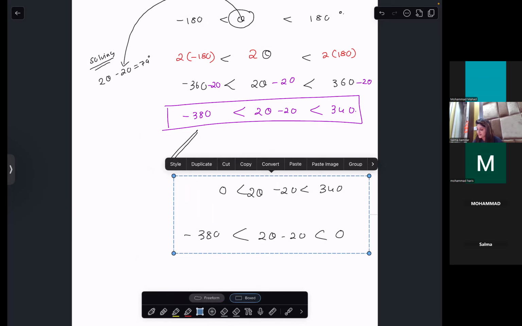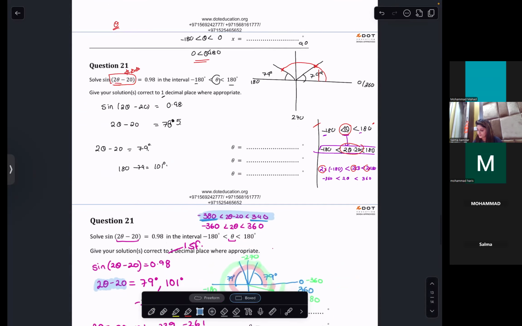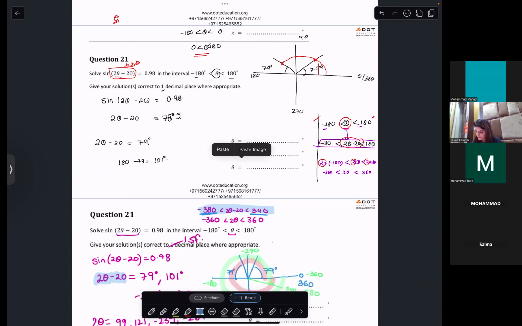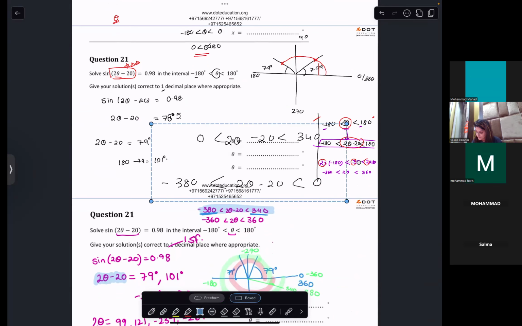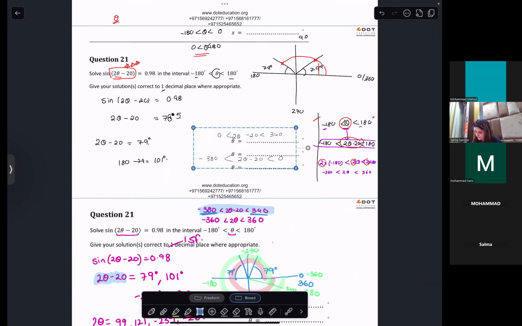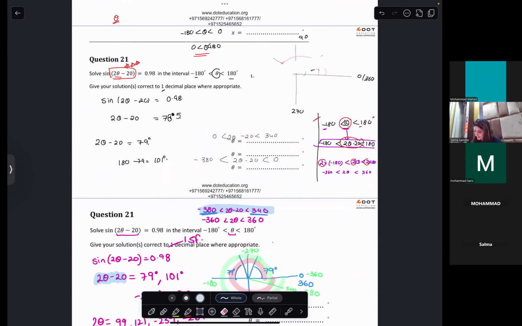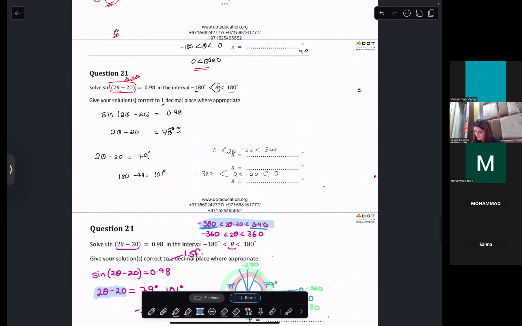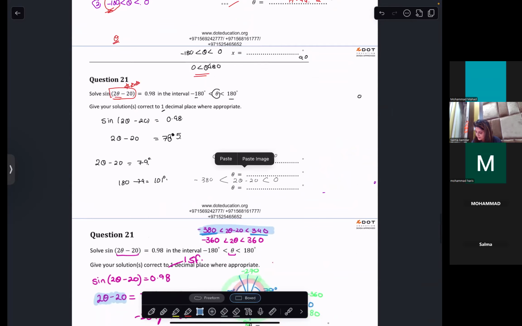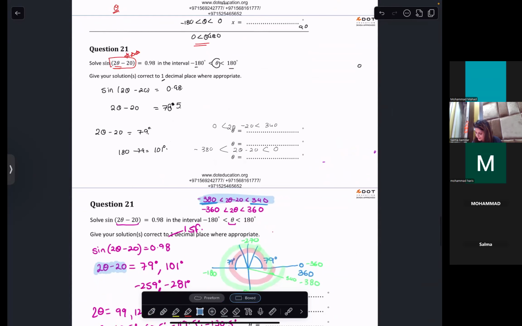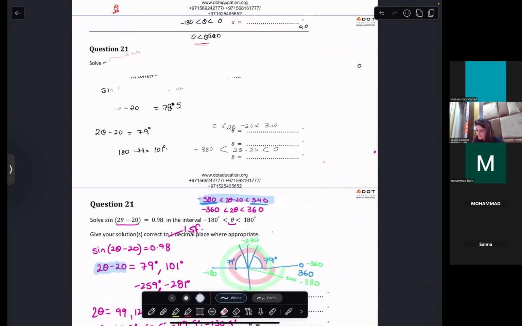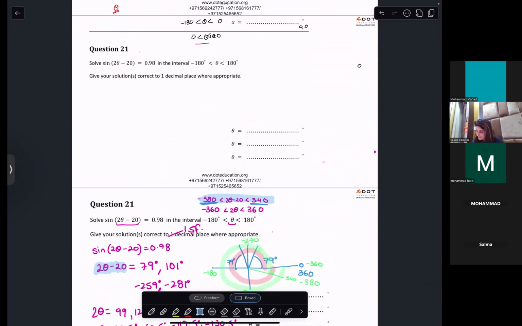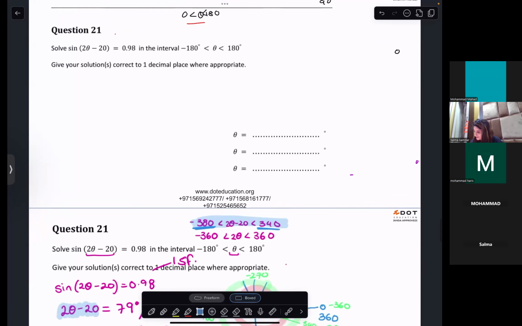These are the two ranges I'm going to work for. Please tell me if you're clear or not. Clear.